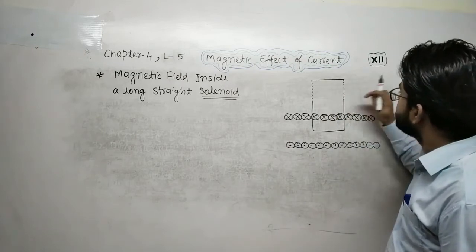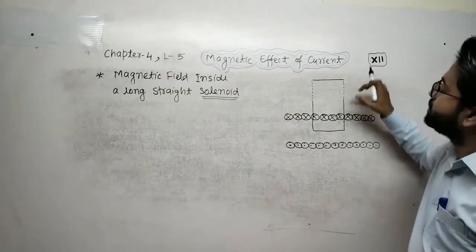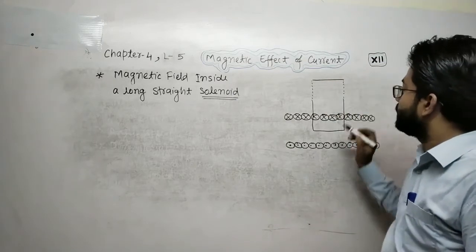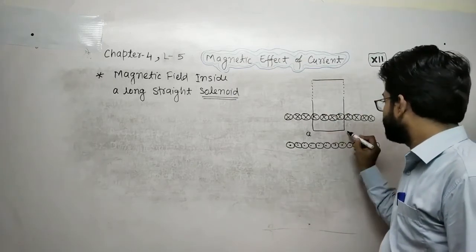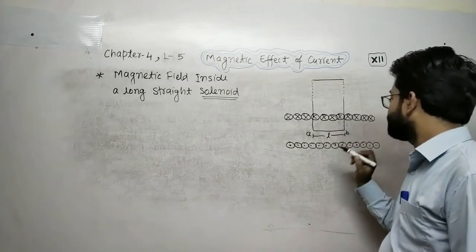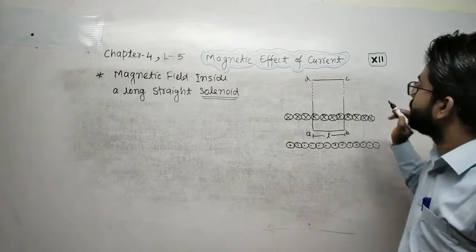This dotted line shows that this is very large, present at infinity. This is A, this is B. The length of this wire is small l, and this point is C, this point is D.